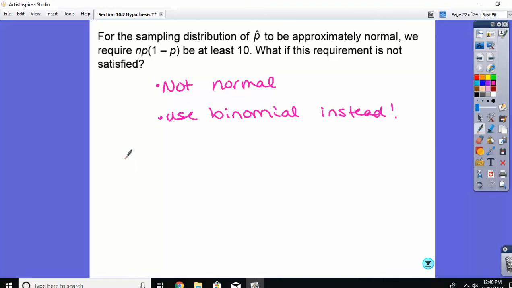The formula was in chapter 6, and it was n choose x, your p to the x, your 1 minus p to the n minus x power. So if we couldn't read it off the table, we had to use the binomial formula. Again, that's all on your formula sheet. You just have to know what you're looking for.